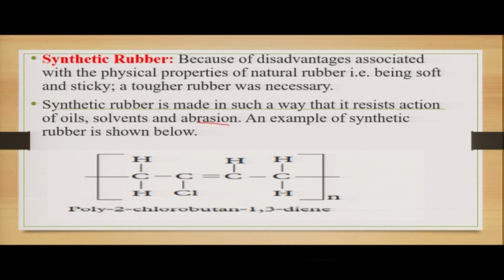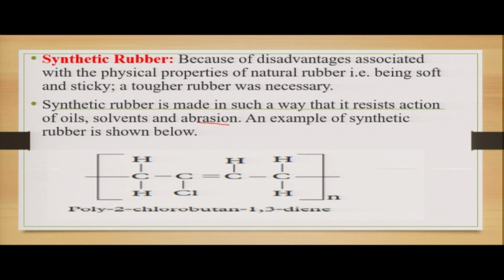Now, the natural rubber is poly-2-methyl-but-1,3-diene, and the synthetic rubber is poly-2-chloro-but-1,3-diene. So the difference is on the methyl group: 2-methyl is the natural one.